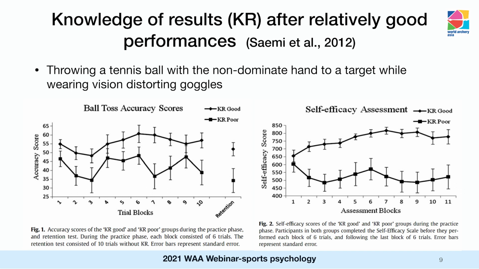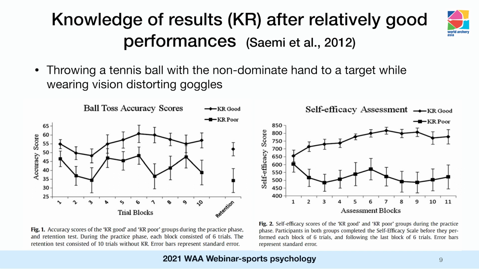In the beginning of the training, they were similar, but as a function of the training, you can find that the group that received the KR of their good performances improve their performance along the training as well as in a retention test, which is 2 days after the training program.